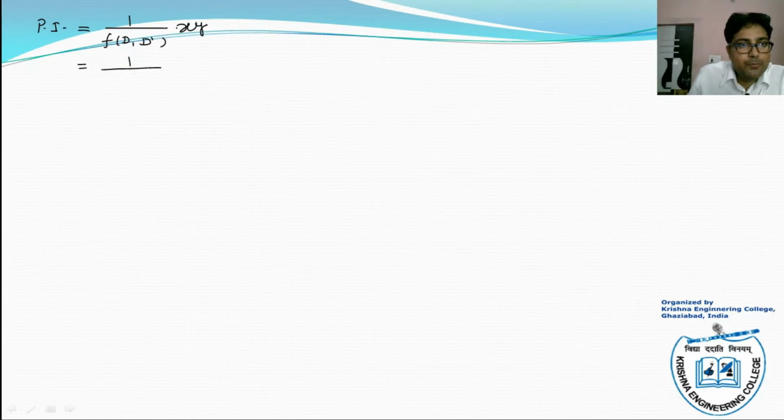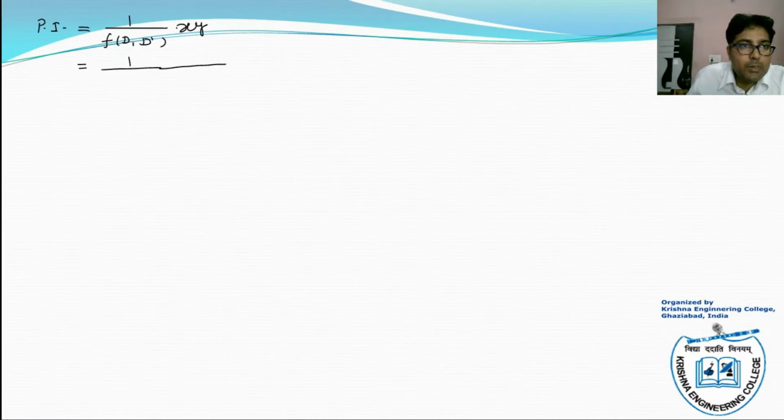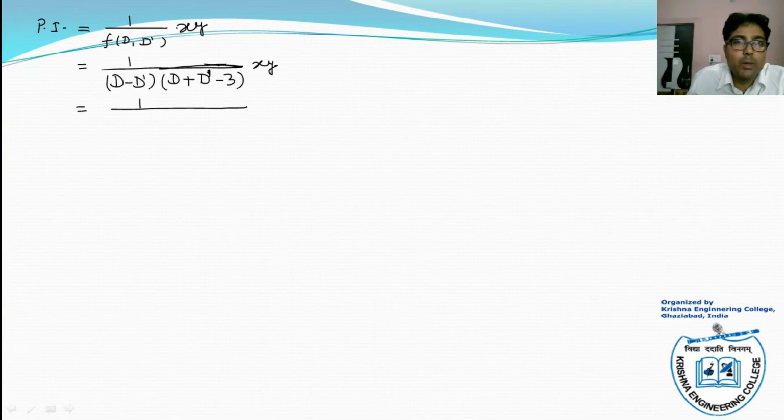Now put the value of f(D, D'), which is (D minus D')(D plus D' minus 3) into xy. Clear? Here the power of x or y is equal, same. There are two factors. This factor is homogeneous and this factor is non-homogeneous.